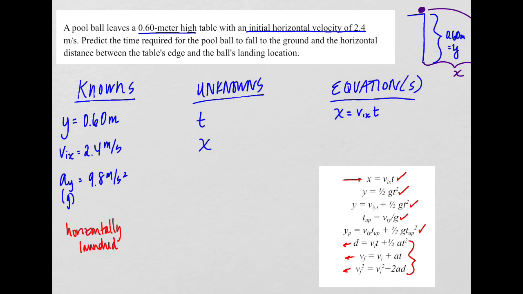So what we're going to have to do is use some equation in order to solve for time first. So let's look at this equation. We have a y, we have a g, and we don't have a t, but we could rearrange this whole thing so that we could solve for t. So we'll say y equals 1/2 a y t squared, or half g t squared, whatever one you want to use.